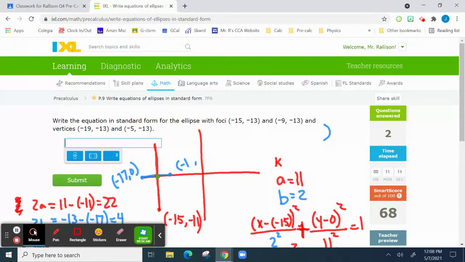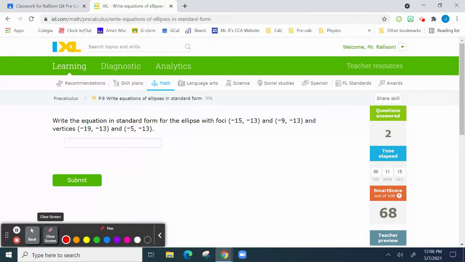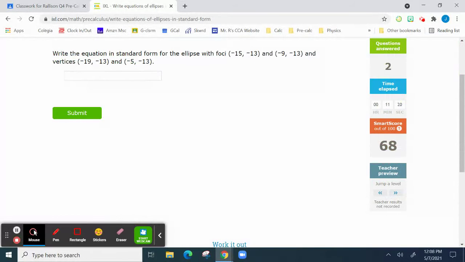There we go. All right. So that's pretty good. Moving right along. I'm going to jump a level now because that's basically the same thing. Oh, no, it's not. Let's see.